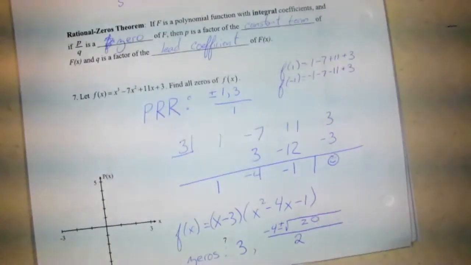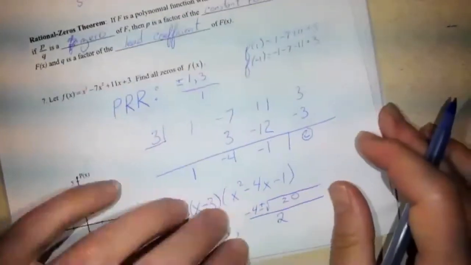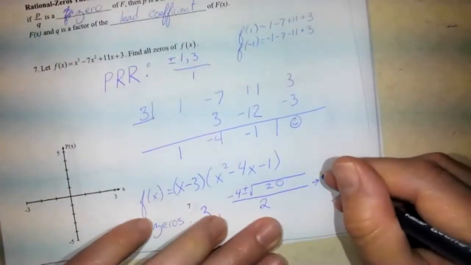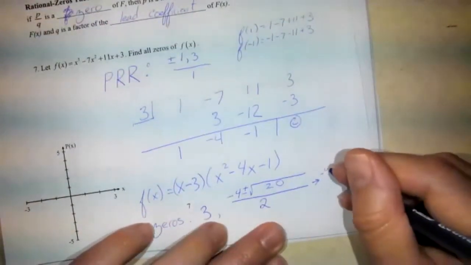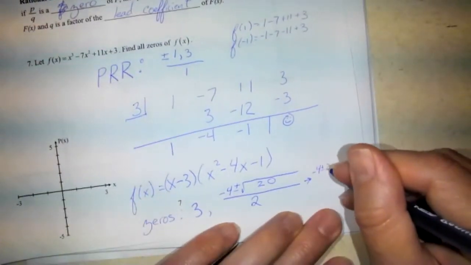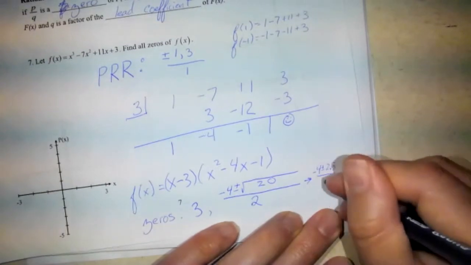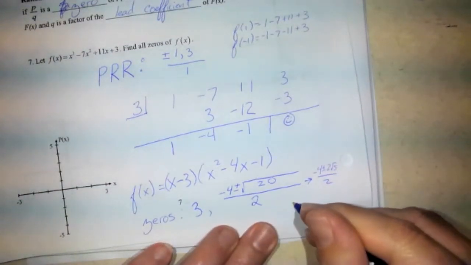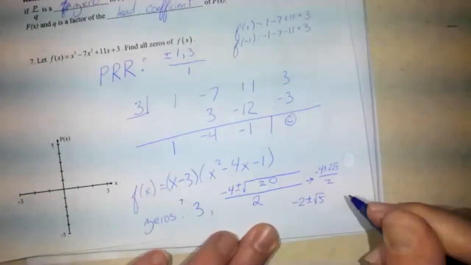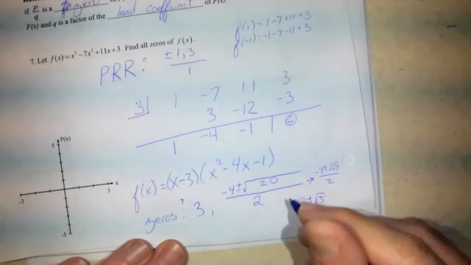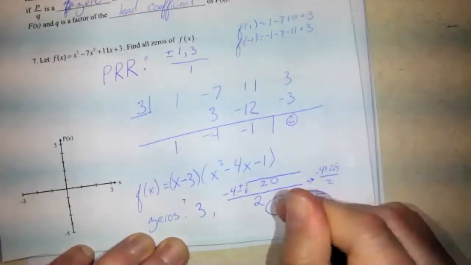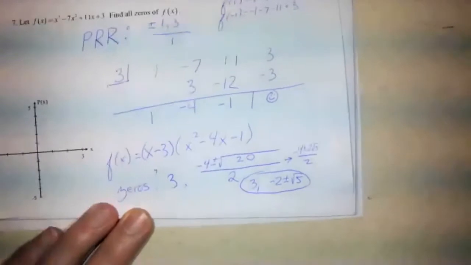I can do a little bit of stuff with the square root of 20, so I'll just say that's negative 4 plus or minus 2 root 5 over 2, and eventually that gets to be negative 2 plus or minus root 5. Sorry, I kind of wrote big and didn't leave myself a ton of room there, but there we go.